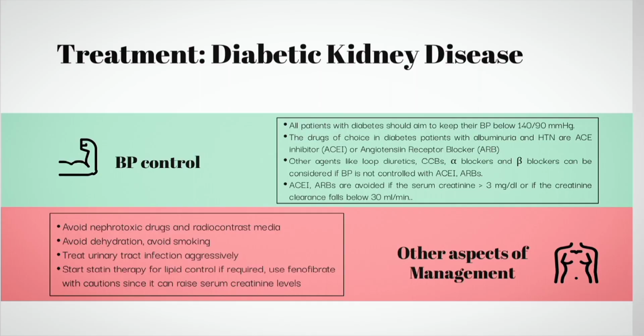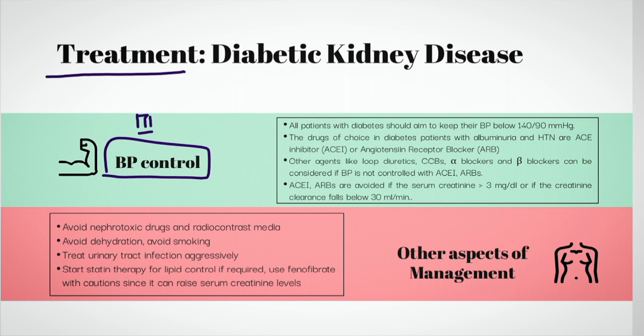In the treatment modalities of diabetic kidney disease, BP control is one of the important steps. For all patients with diabetes, the target BP will be below 140 by 90 mmHg, and the drugs of choice for diabetic patients who have developed albuminuria and hypertension are ACE inhibitors and angiotensin receptor blockers.